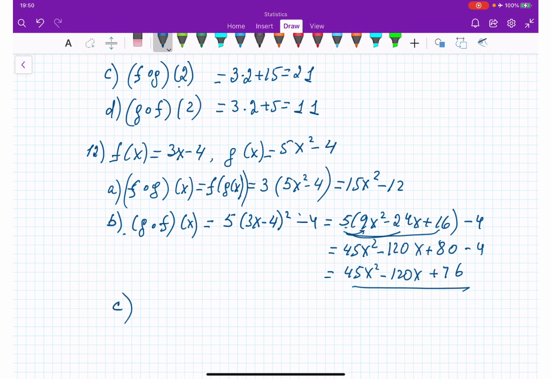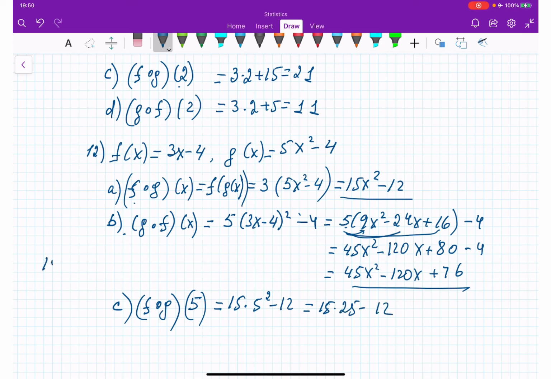We're going to get the composition of function f with g for the value of, let's say, 5. Where is function f with g? Here it is, 15x squared minus 12. So 15 times 5 squared minus 12. So 15 times 25 minus 12.